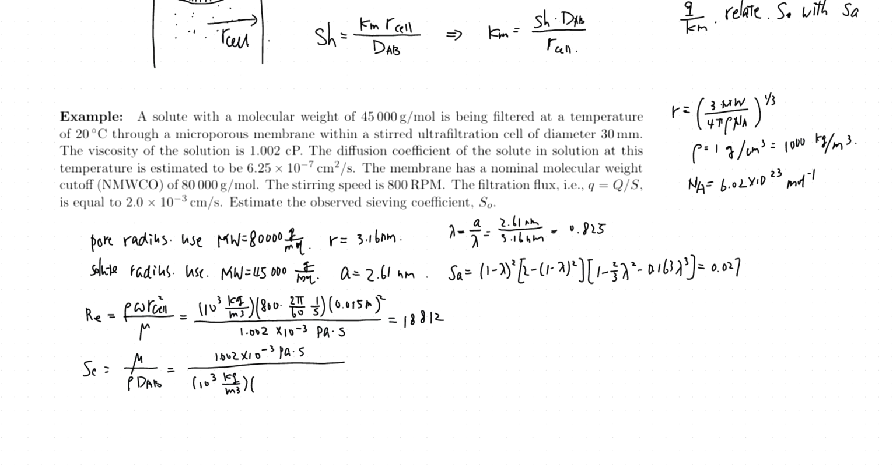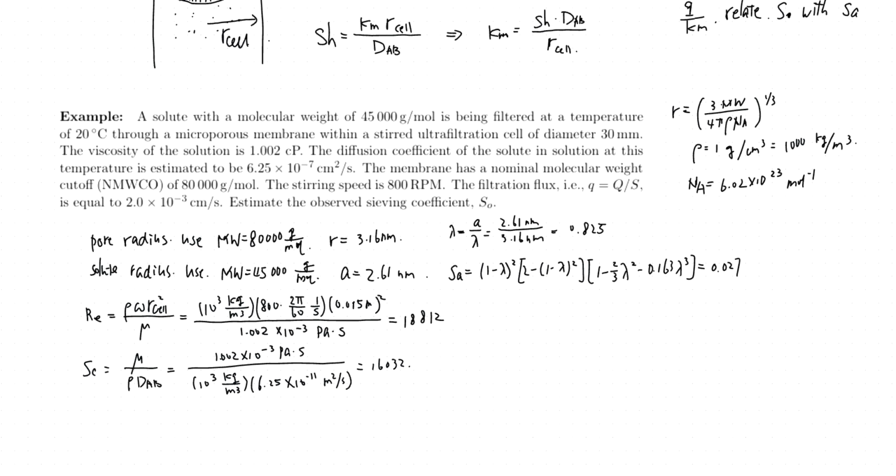Let's convert it to meters squared per second, so we need to divide by 10 to the power 4. So we have 10 to the power of minus 11 meters squared per second. Then the Schmidt number is 0.03.